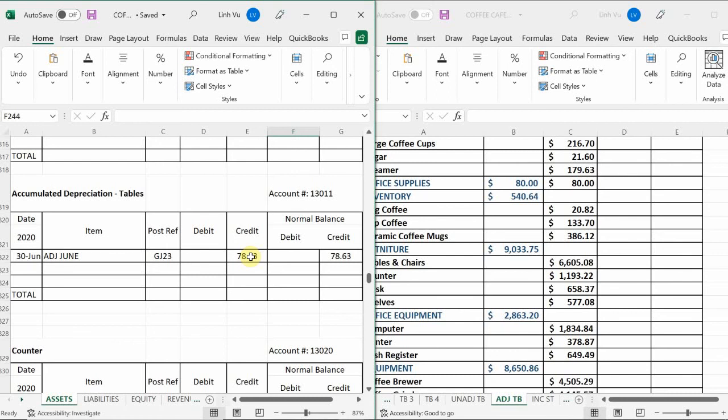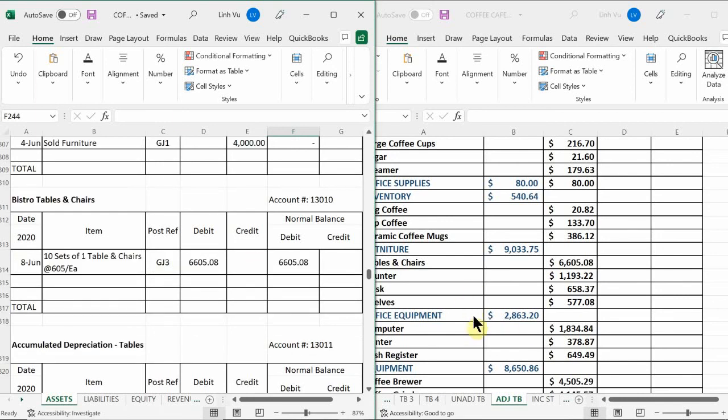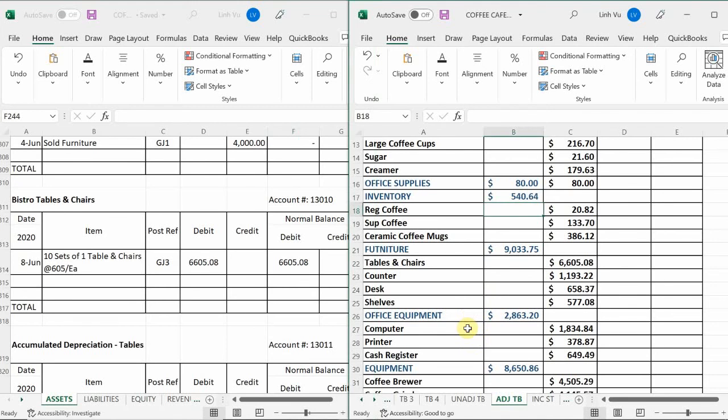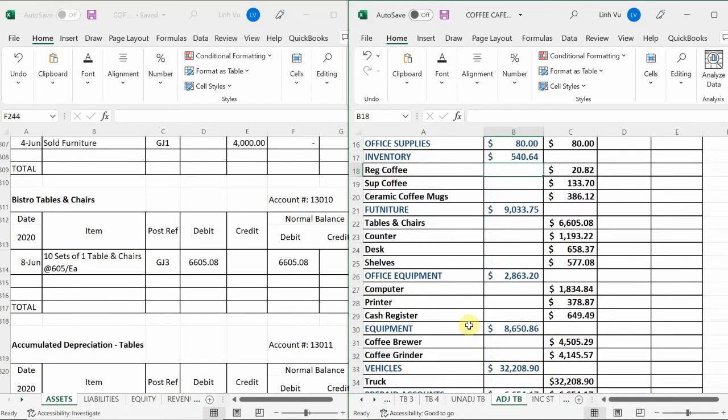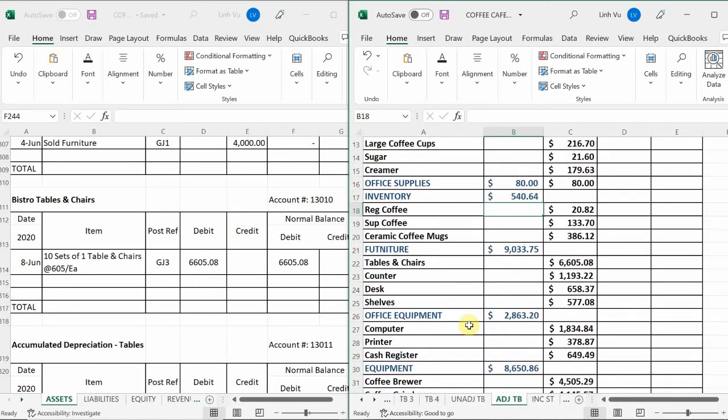That's the goal here, to tell me what I actually have. Right now, my furniture is outstanding at a total of $9,033.75. That's my total furniture at its book value when I bought the assets.